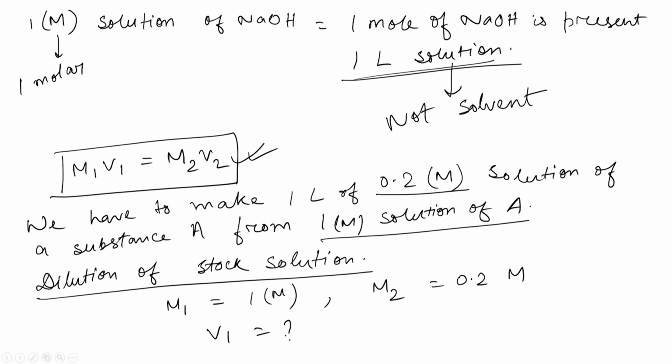V1 we don't know, that is we don't know how much of the 1 molar solution we have to take, but V2 is 1 liter, as we have to make 1 liter of 0.2 molar solution. So 1 molar into x ml is equal to 0.2 molar into 1000 ml.